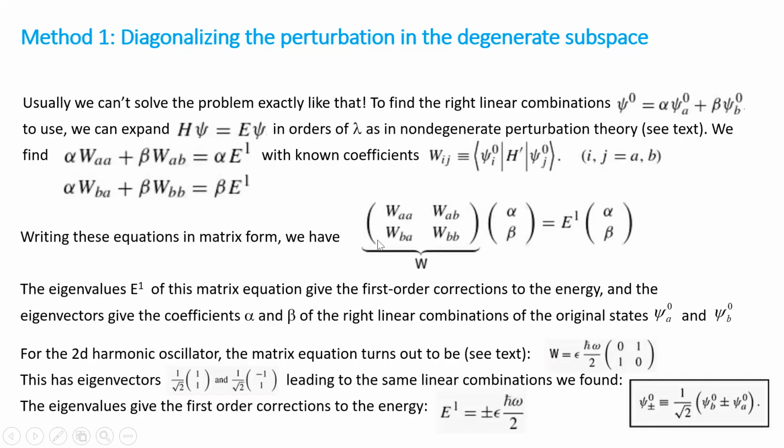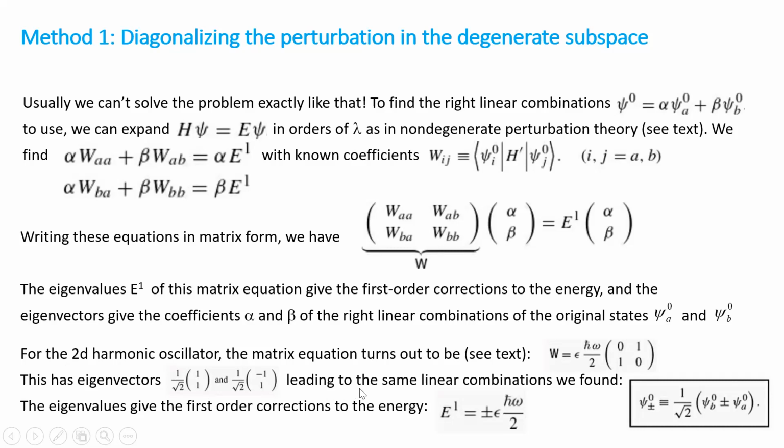So this is our matrix W. And it turns out this has normalized eigenvectors 1 over the square root of 2 times (1, 1), and 1 over the square root of 2 times (minus 1, 1).